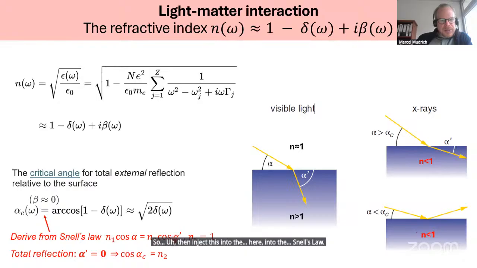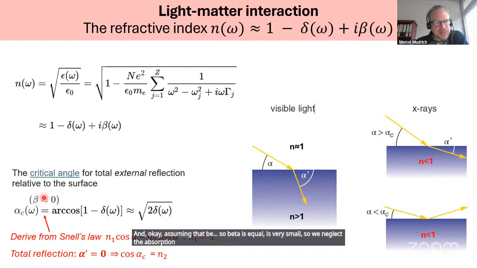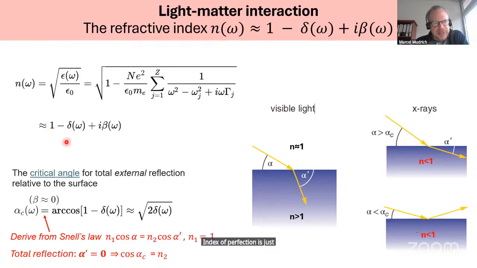Cosine 0 is 1, and n1 is 1, and then we just solve for n2. And assuming that beta is very small, so we neglect the absorption, beta is roughly 0, so the index of refraction is just 1 minus delta.